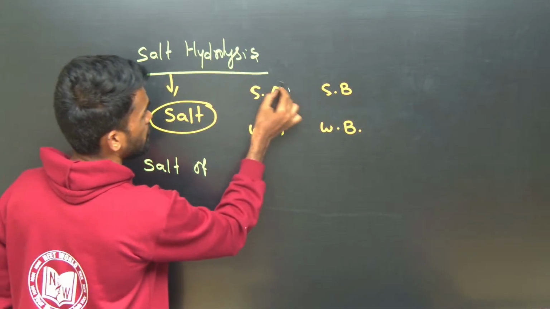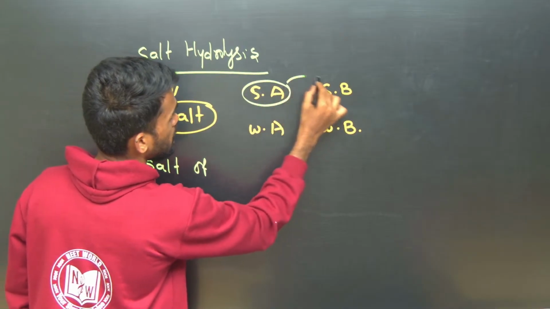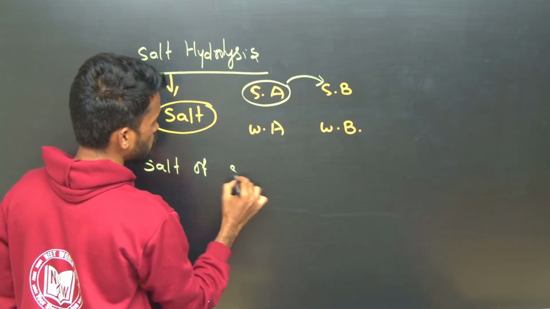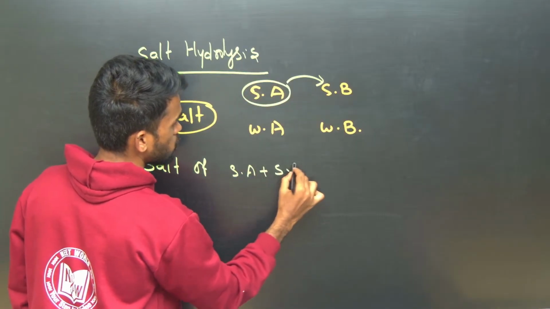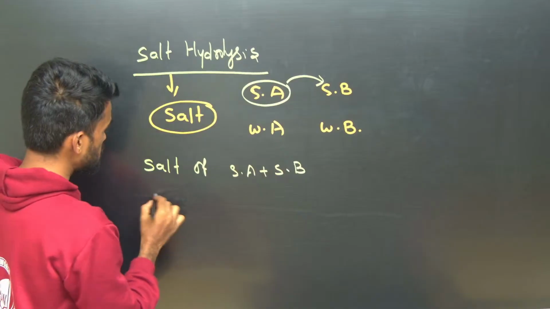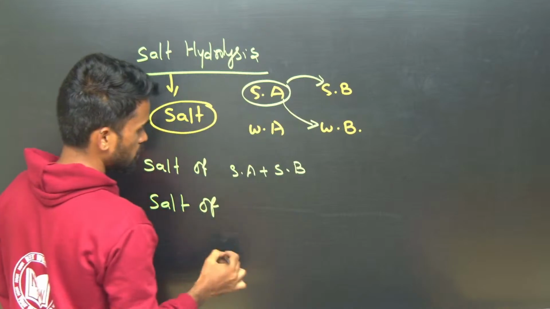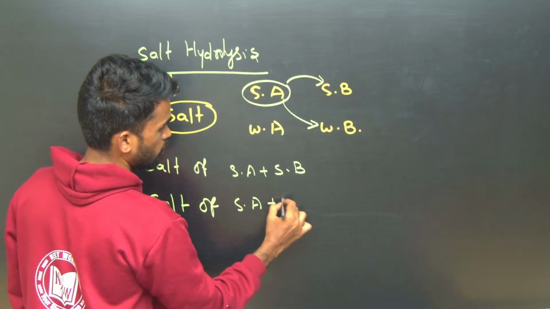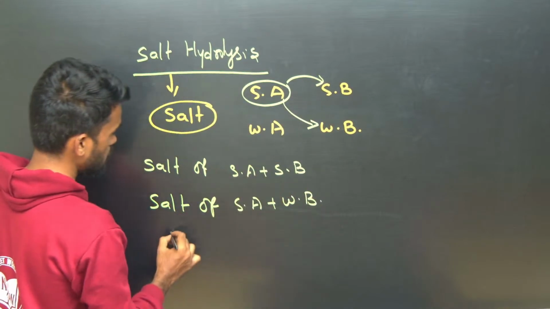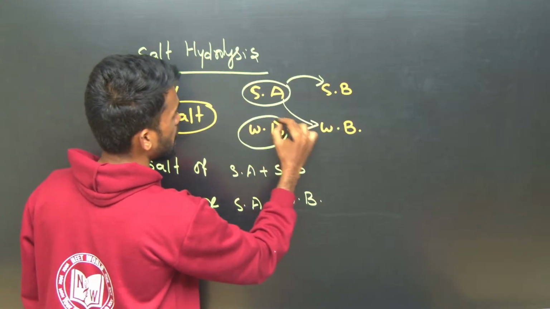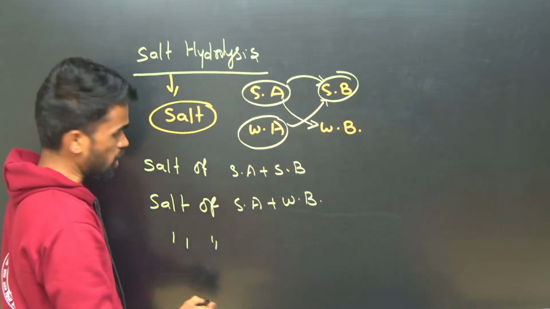Salt can be formed when I mix strong acid and a strong base. Next, salt of strong acid and a weak base, and salt of weak acid and a strong base.